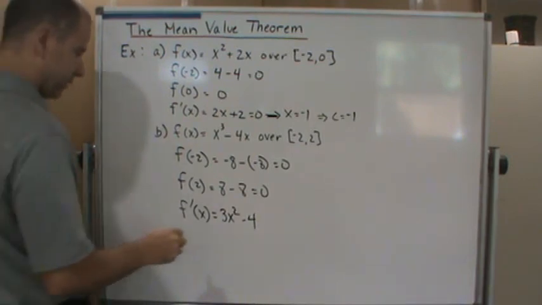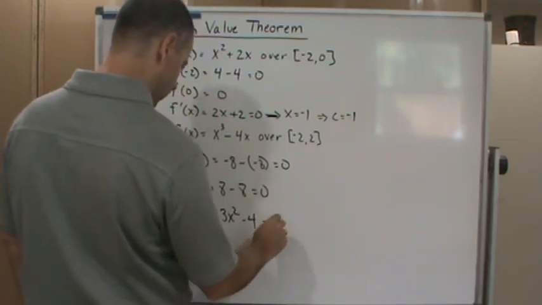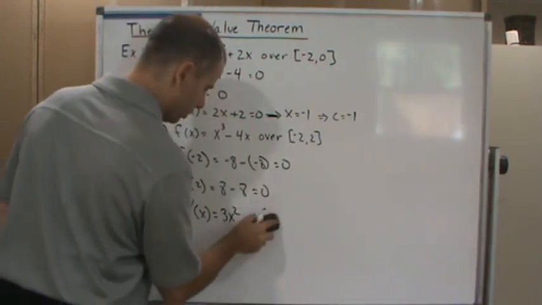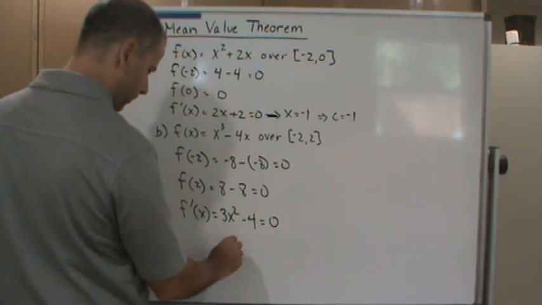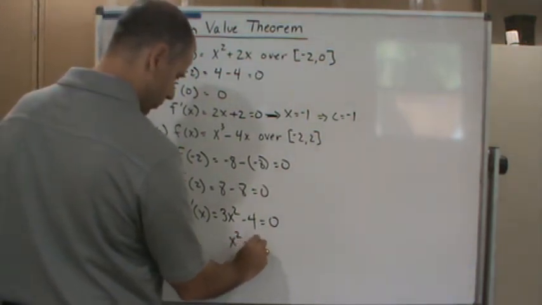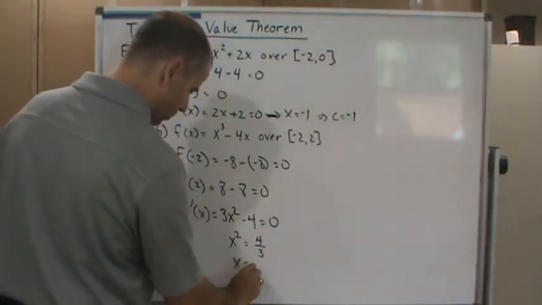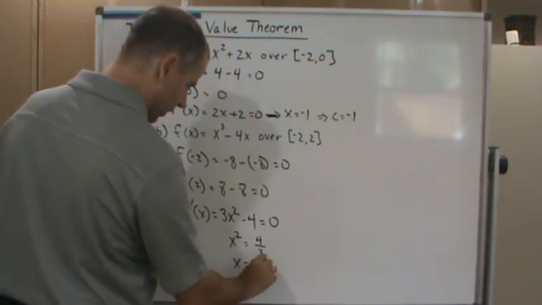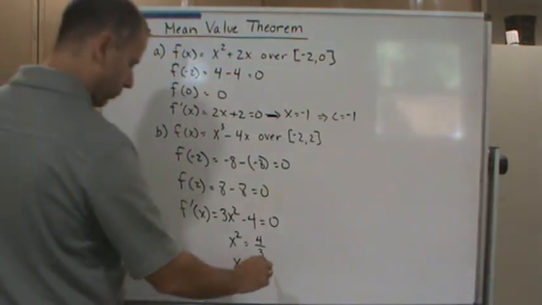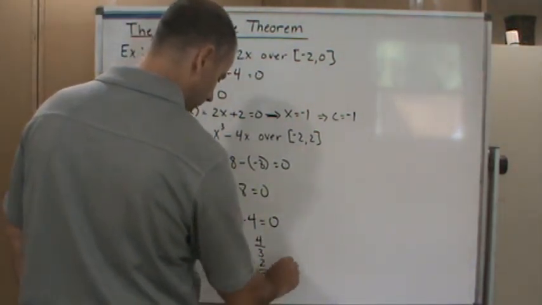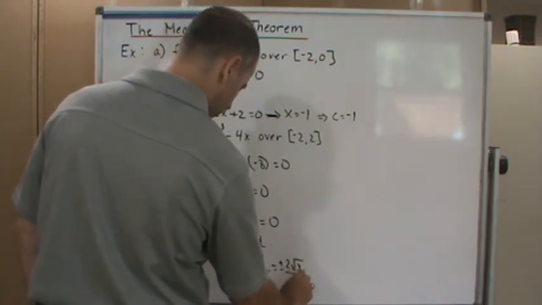We set this equal to 0 and solve for x squared, and we get x squared is equal to 4/3. If we take the square root of both sides, we get x is equal to plus or minus, don't forget the plus or minus, 2 over the square root of 3. If we rationalize this, it's plus or minus 2 root 3 over 3.